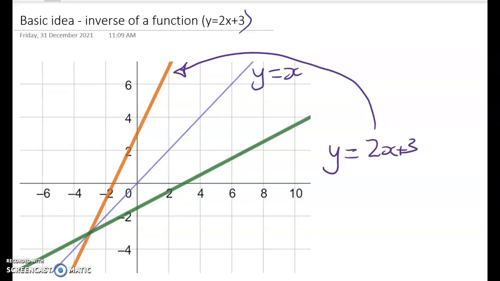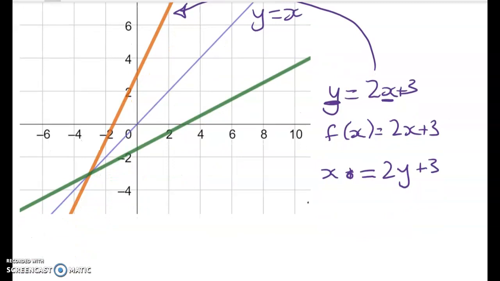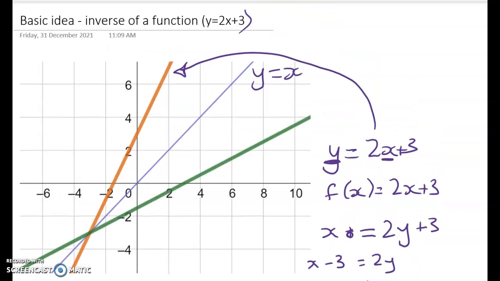So practically, to find the inverse of a function, so here we've got f of x is equal to 2x plus 3, we switch around the input and the output, and then we solve it to make y the subject as usual. So here we're going to go x is equal to 2y plus 3, then rearranging gives me x minus 3 is equal to 2y, so y is equal to a half x minus 3 over 2, and that's that green line there, right?